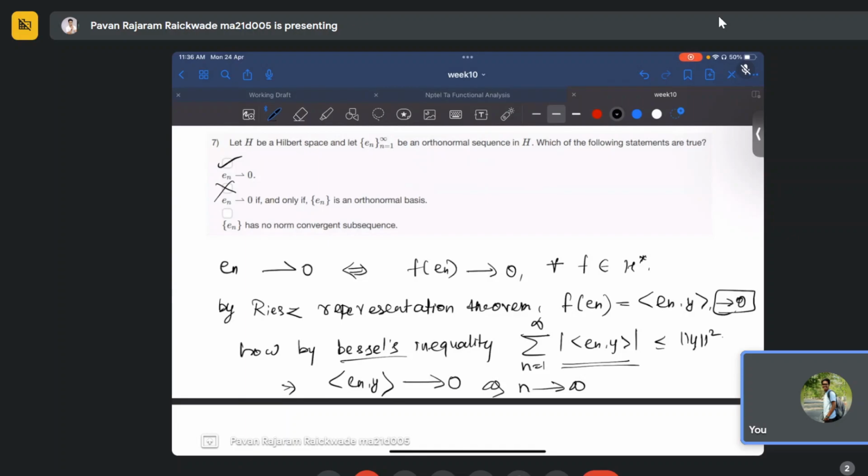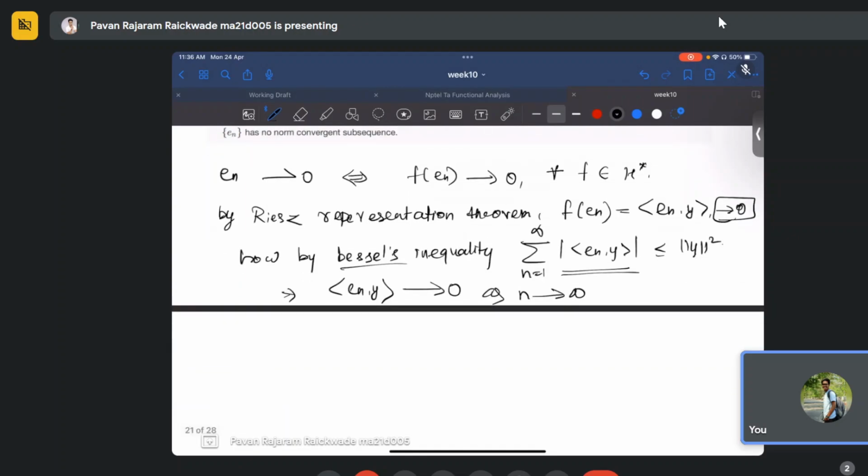En has no norm-convergent subsequence. Yes, this is it. Why? Because if you take any n and m, what is norm En minus Em squared? Because it's an orthonormal sequence, it is just norm En squared plus norm Em squared, which is 1 plus 1, 2.